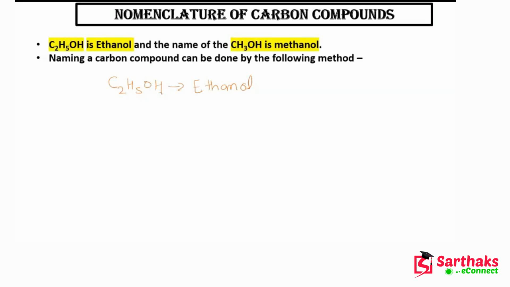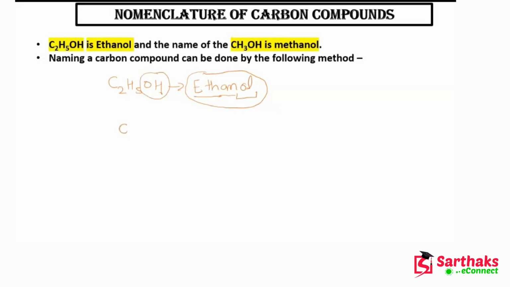So for two carbons we use eth. Now you can also see that this OH is added in this compound, so that's why we are using ol in the suffix. Thus, the name of this compound is ethanol.